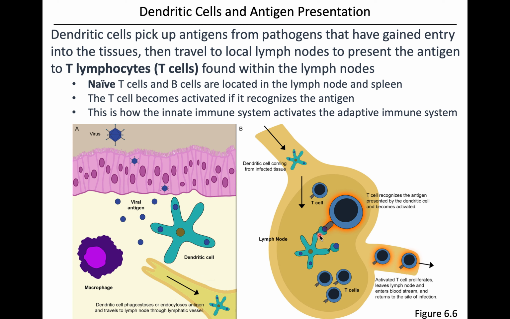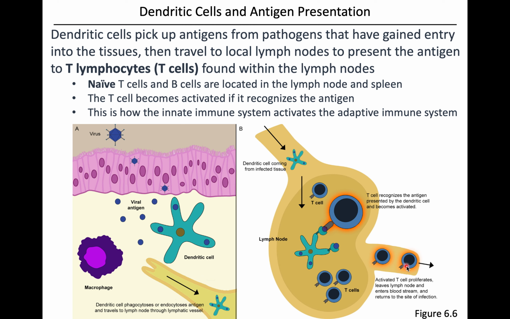That antigen presentation can then activate those T cells. Once they become activated, they will leave the lymph node and enter the bloodstream, return to the site of infection, and as we'll see, that can then start triggering an adaptive immune response to that particular antigen in those infected tissues.